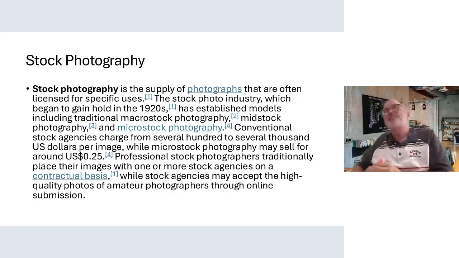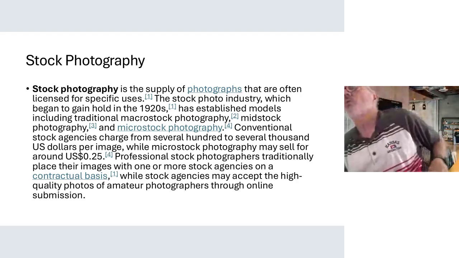So what a lot of people do is they use an internet web source, an internet database, of stock photographs that have already been taken that might be relevant or representative of what they're trying to advertise or display in their professional world.